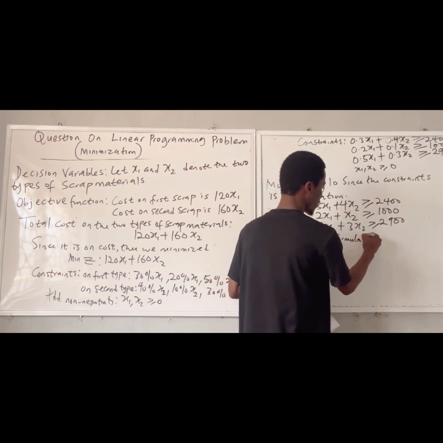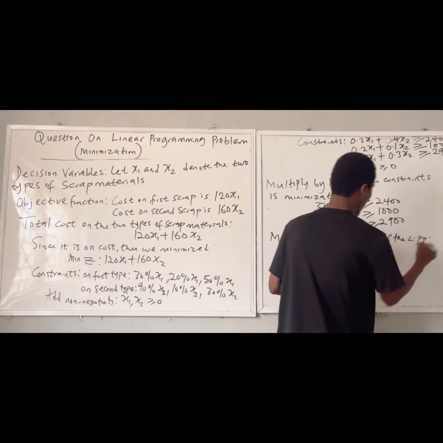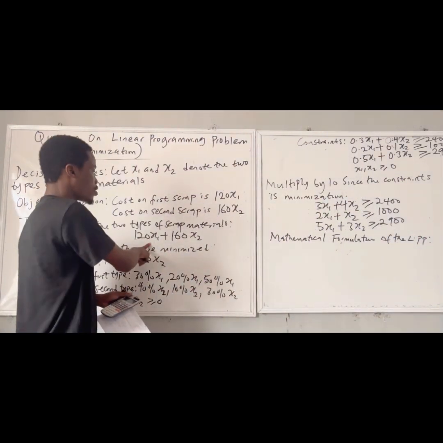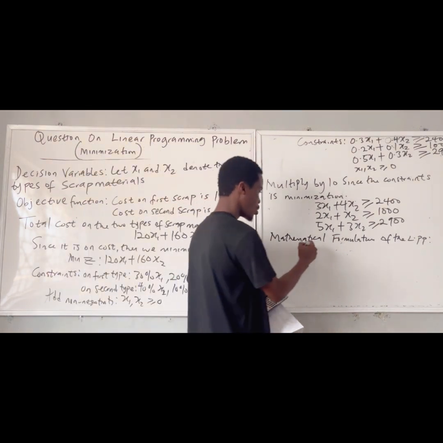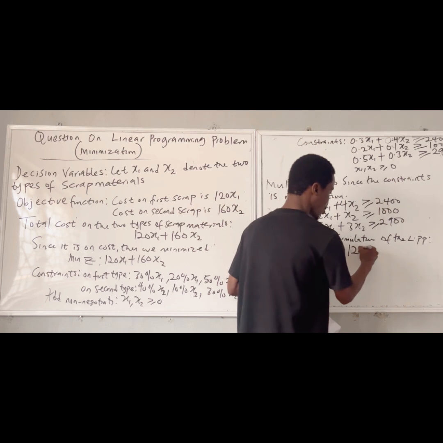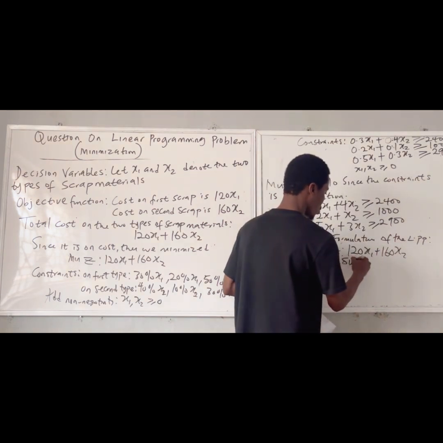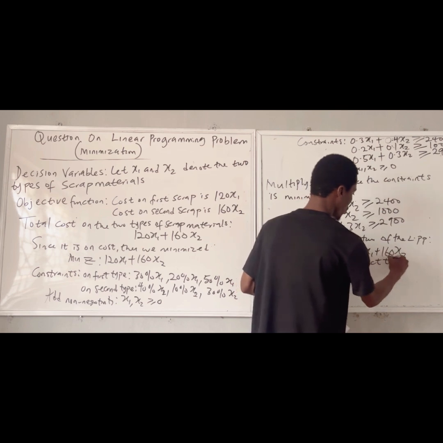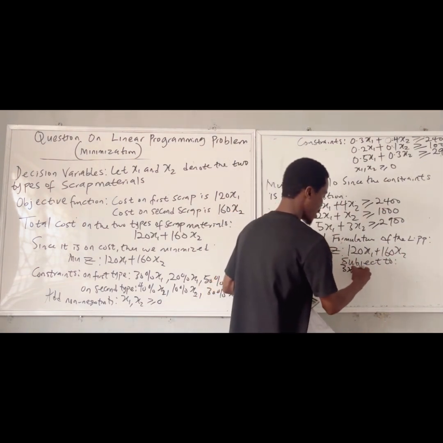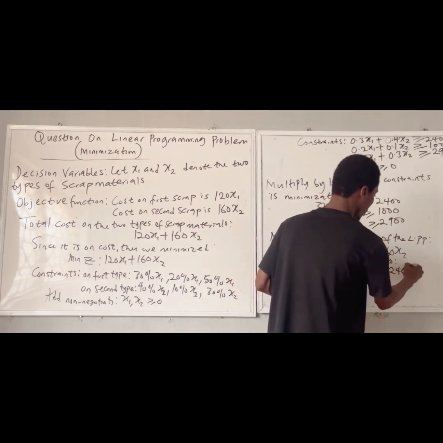So my mathematical formulation of the LPP will now be: the objective function, minimize 120x1 plus 160x2, subject to the constraints. 3x1 plus 4x2 greater than or equal to 2400.